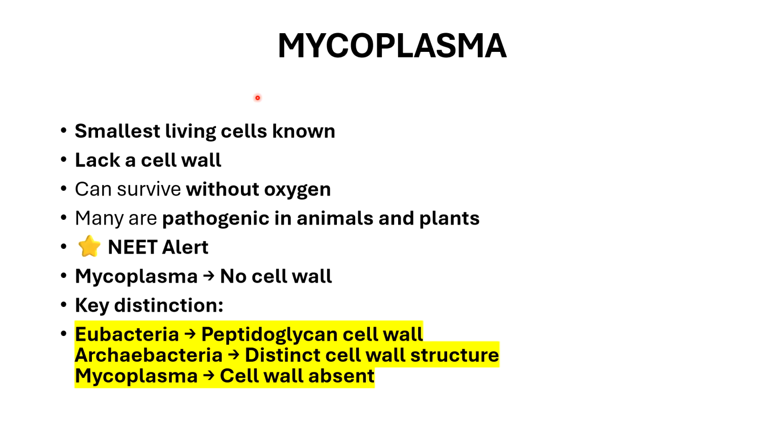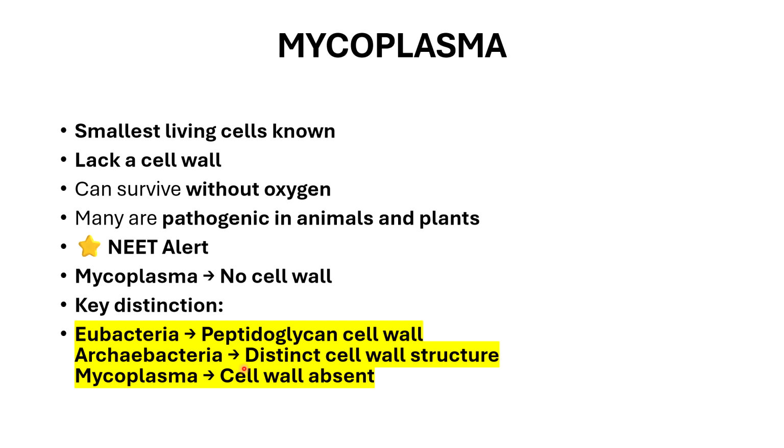Let us now discuss the final category of organisms under the Kingdom Monera, that is the Mycoplasma. They are the most unique type of organism. Why? Because they lack a cell wall. Other organisms under Monera like Eubacteria possess a peptidoglycan cell wall.